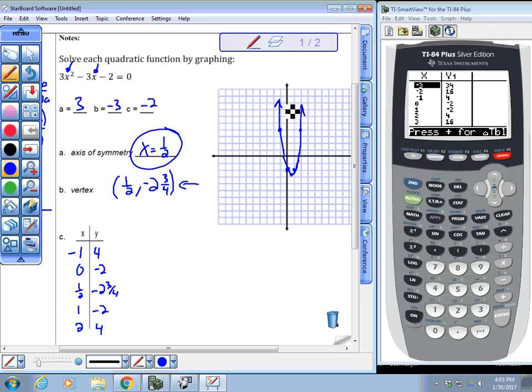And we're going to have our points, not exact points, somewhere in the middle, right there and right there.